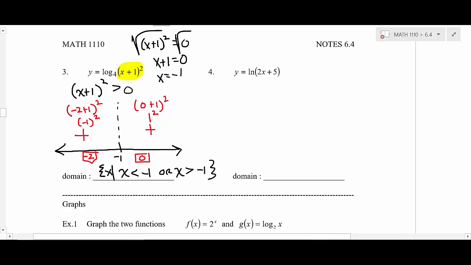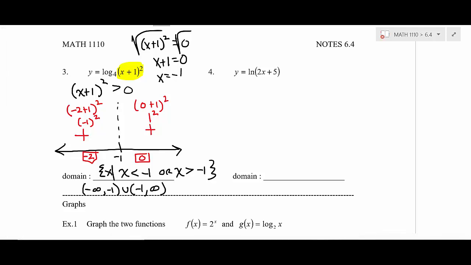It can't be equal to negative 1 because then you would be doing a log of 0, which you can't do. If you wanted to write this in interval notation, you would say negative infinity to negative 1, parenthesis, union negative 1 to infinity. And all that interval notation is doing is just saying, okay, everything's set to negative 1.